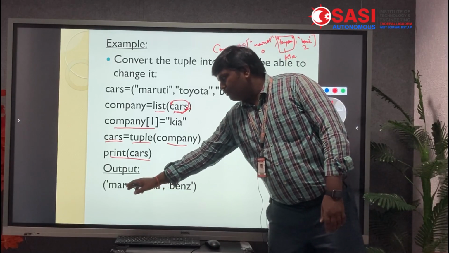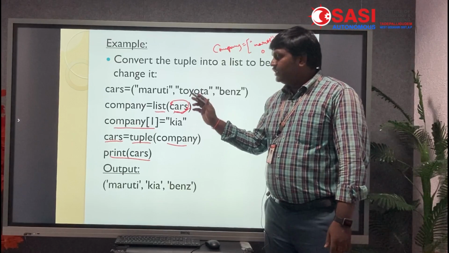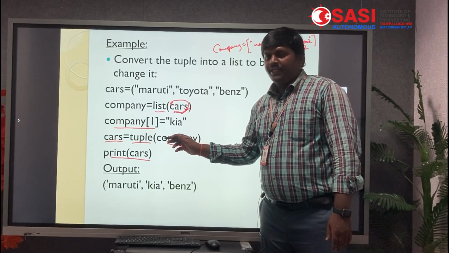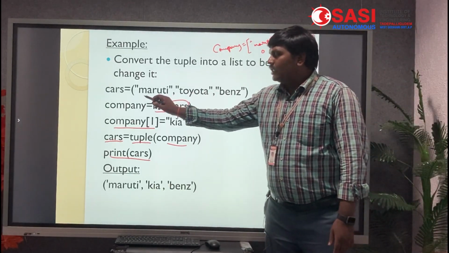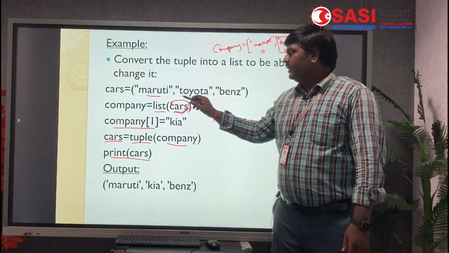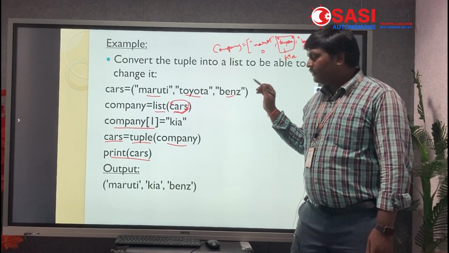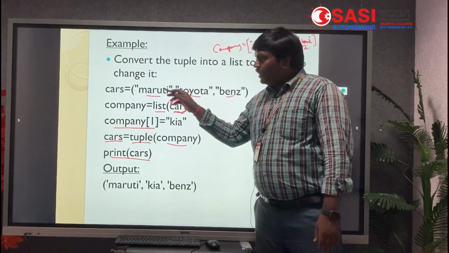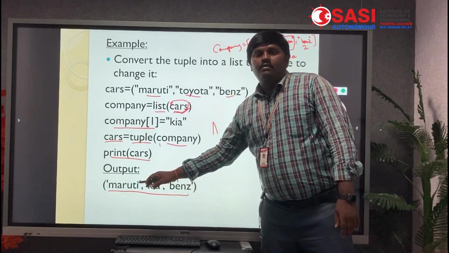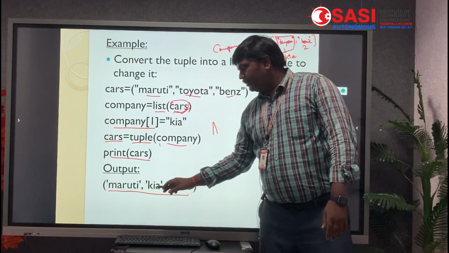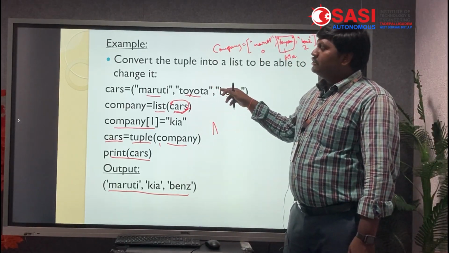Print cars value: Maruti, Kia, Benz. After updating the information, it changed like this. Previously the tuple consisted of Maruti, Toyota, Benz. After performing this process, the tuple values display Maruti, Kia, Benz.